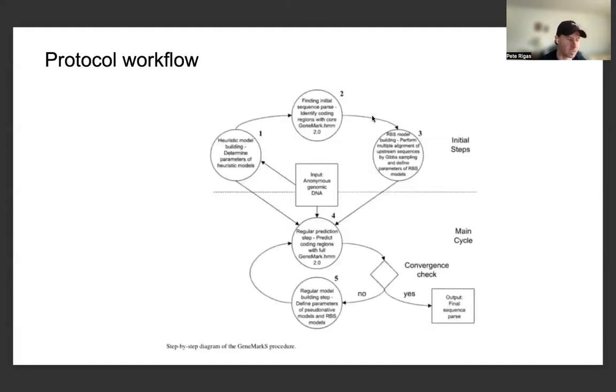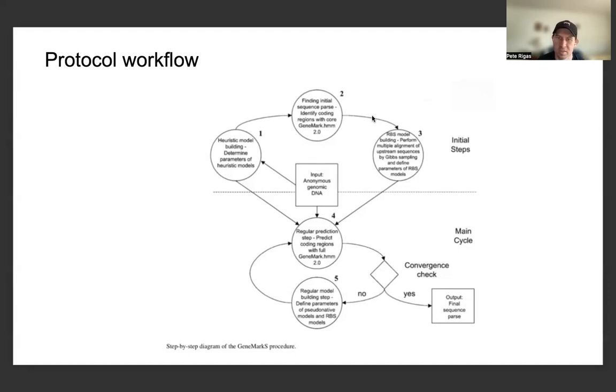In one of the figures that they provide in this 2001 reference, they describe a couple of different steps for processing the data. First of all, in the upper part of the figure, they describe the initial steps. Step one is building a heuristic model for determining the relevant parameters. Step two is finding initially sparse sequence and identifying coding regions with a hidden Markov model that they list as gmark.hmm.